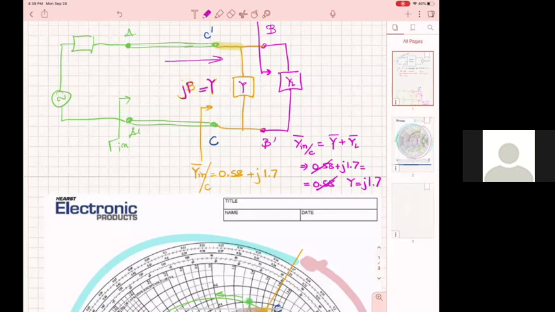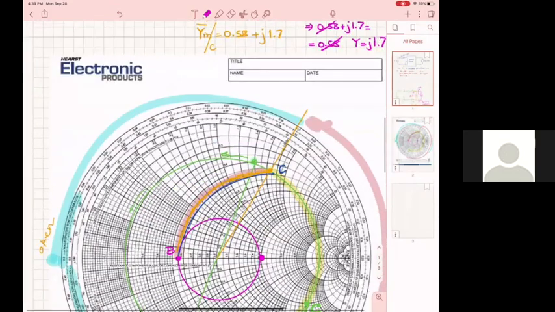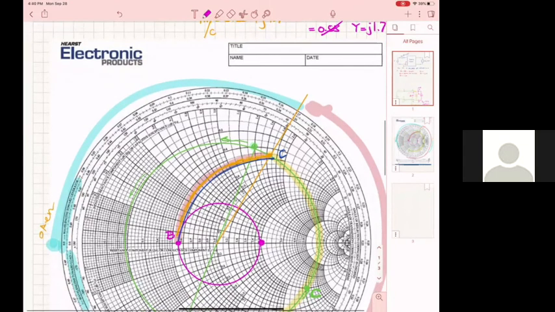And that's what gives me this Y to be 1.7. So to find the length of the stub, I need to find a stub that gives me 1.7, and then 1.7 goes up here in the blue line.